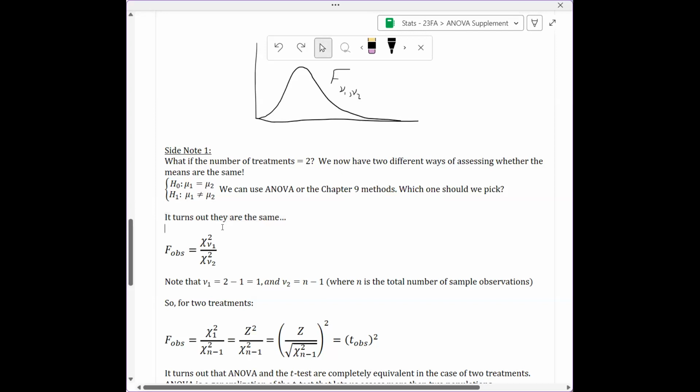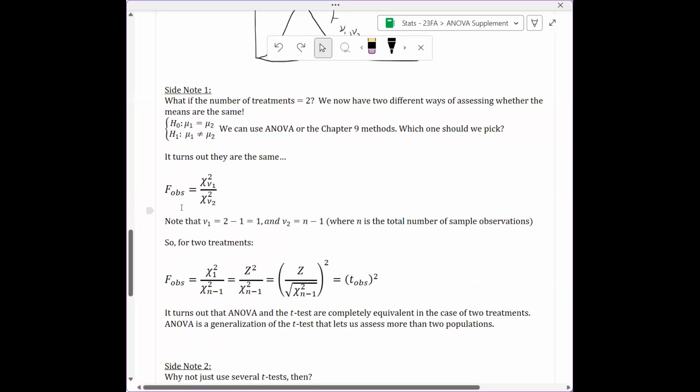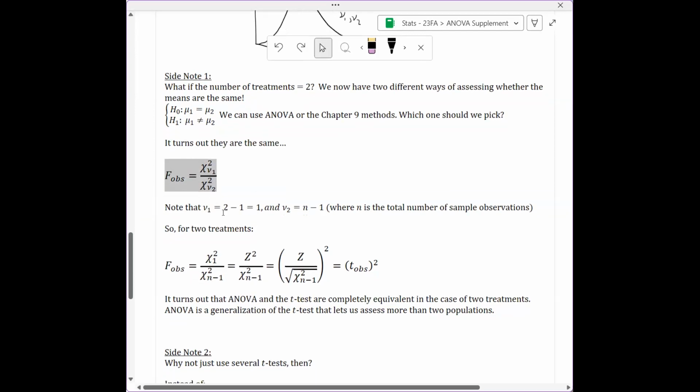The details might be slightly different, but they will always either both result in a rejection or both not a rejection. Why is that? Well, F observed again is this ratio of chi-squareds. But here where we have two groups or two treatments, nu1, number of treatments minus 1, is just 1, and nu2 is n minus 2.